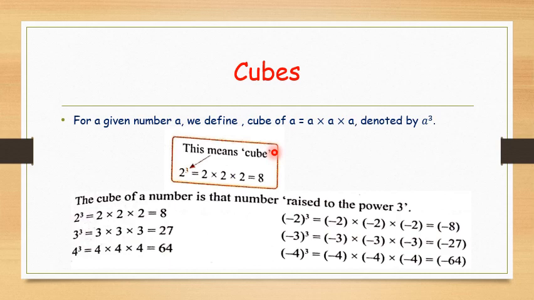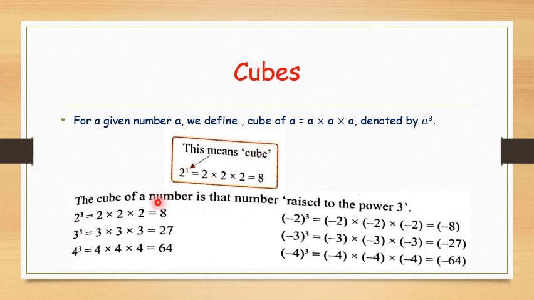When a number is multiplied 3 times by itself, that product is said to be a cube of that number. For example, the cube of 2 means 2 is multiplied 3 times, 2 into 2 into 2, which gives us 8. So the cube of any number is the product of the number by itself 3 times.